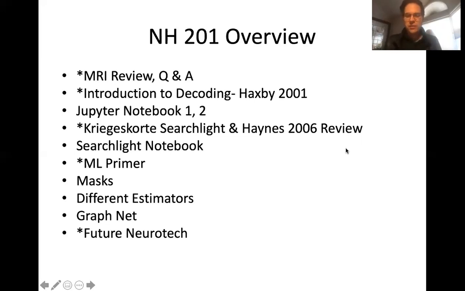After we cover the first couple of notebooks, we're going to go into, after Haxby changed people's frame of reference with regards to how to handle fMRI data from this multivariate, more machine learning perspective, Nikolaus Kriegeskorte came along and created this thing called the Searchlight, which we're going to discuss.